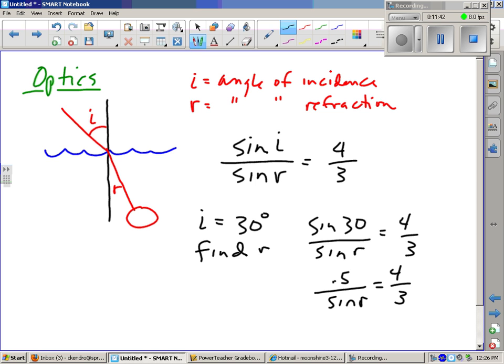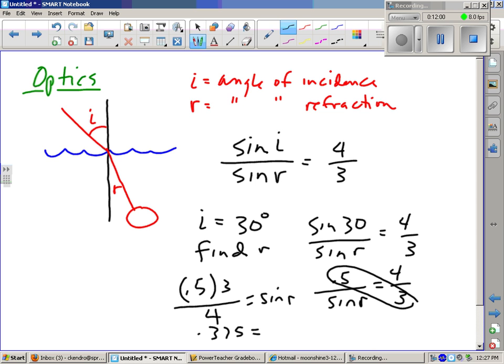Now it's just a cross multiply deal. I have 0.5 times 3, and then I'm going to divide by 4, equals the sine of R. If I do all that, I get 0.375 equals sine of R. But I don't want the sine of R, I want to know what R is. So how do we do that?